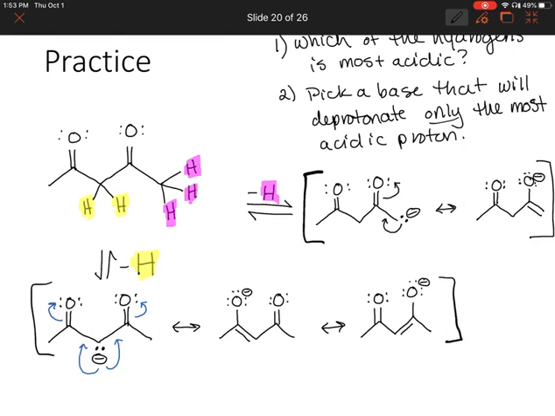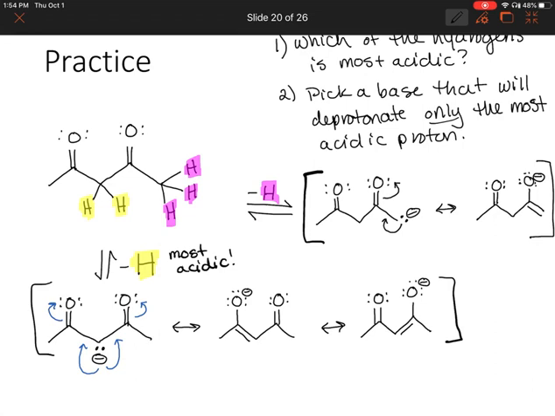Which conjugate base is more stable? The one on the bottom, right? Because there are three resonance structures versus only two. That tells us that the yellow hydrogens are the most acidic. Great.